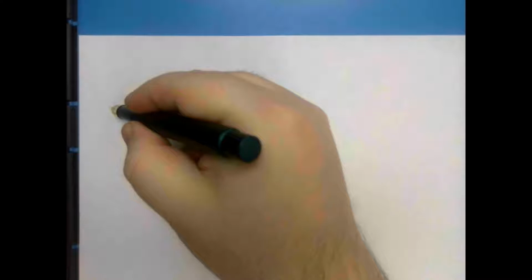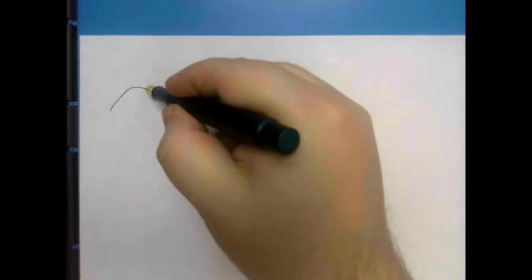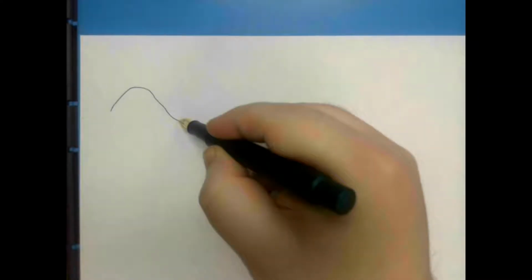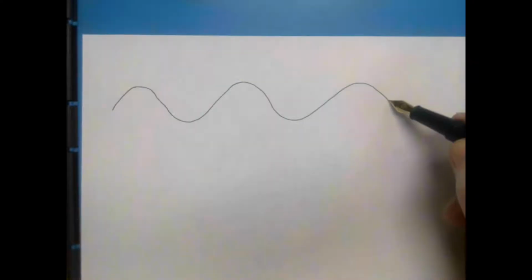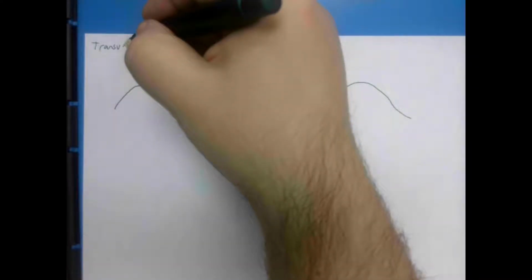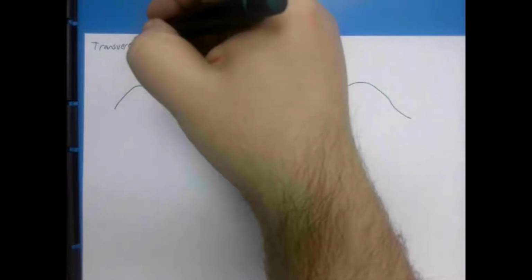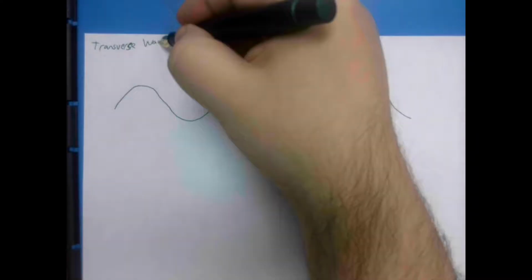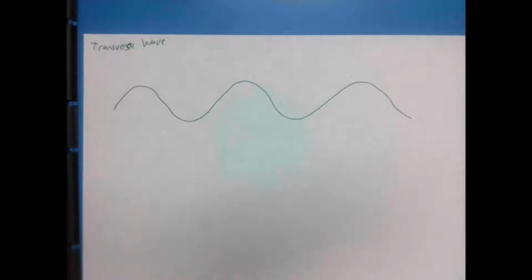So we have a wave. For this class, it doesn't matter, but this is technically a transverse wave. You don't need to know that for this class. There's two types of waves, but this is a transverse wave.